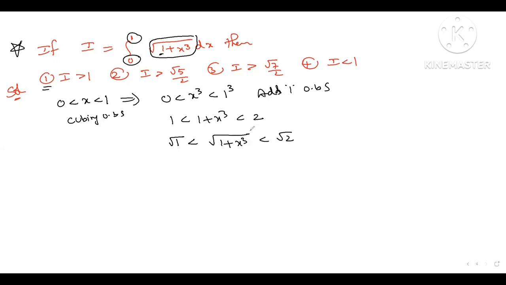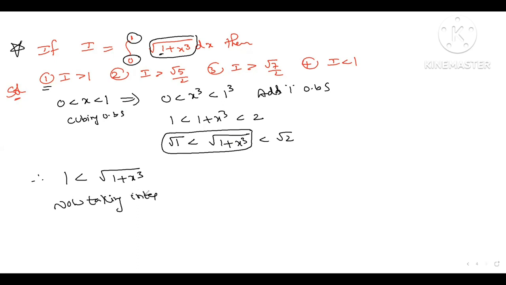Okay, now we should take this condition. Root 1 is nothing but 1, so 1 less than root under 1 plus x cube. Now taking integration from 0 to 1 limits, what do we get here?